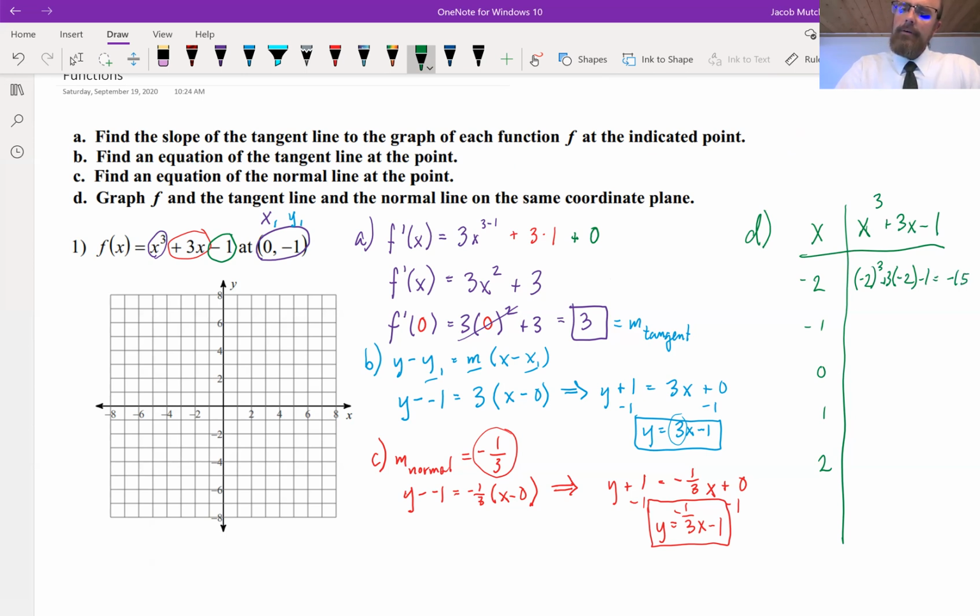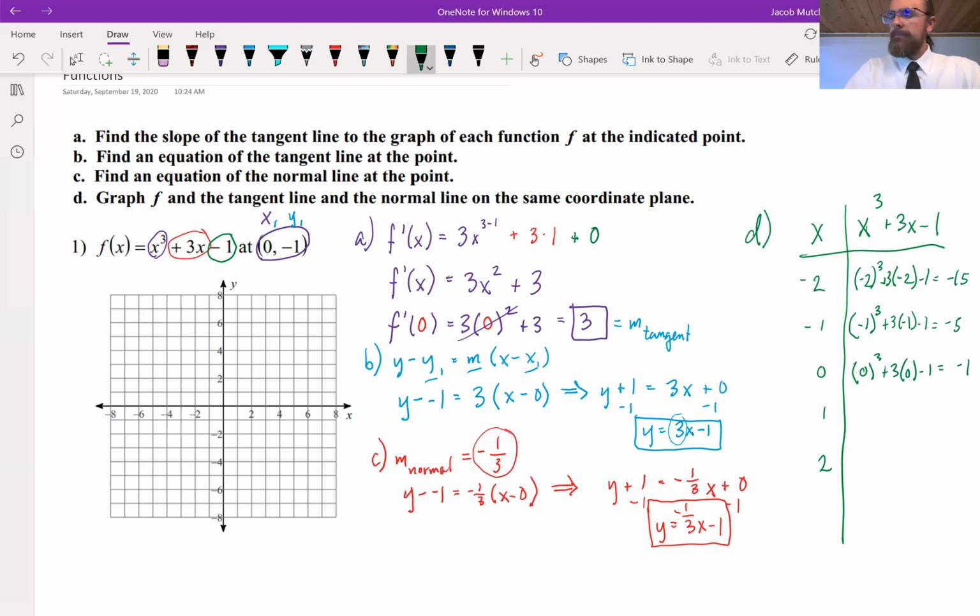A little off my graph, but we'll keep going. -1 cubed plus 3 times -1 minus 1. -1 cubed is -1. Minus 3 is -4, minus 1, -5. At 0: 0 cubed plus 3 times 0 minus 1. First two terms are destroyed by the 0 multiplier, so it's just the -1.